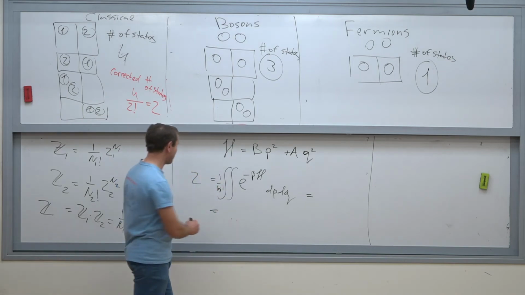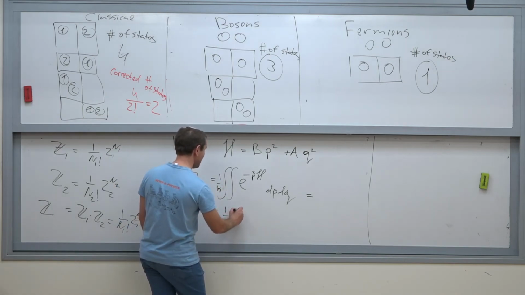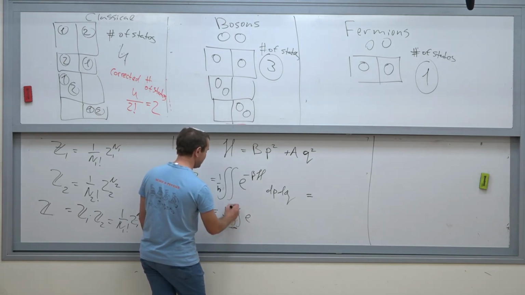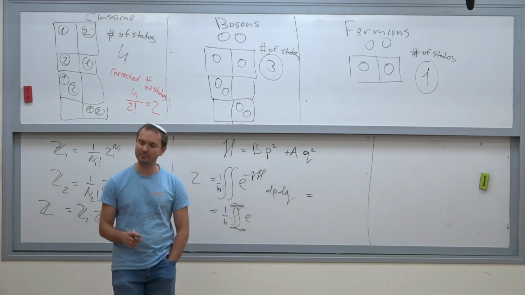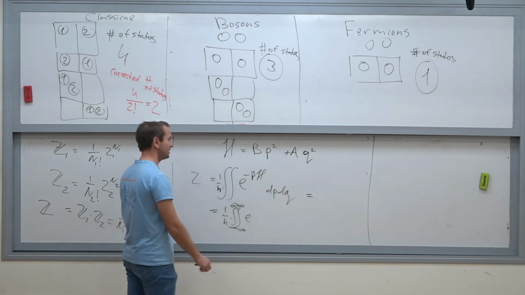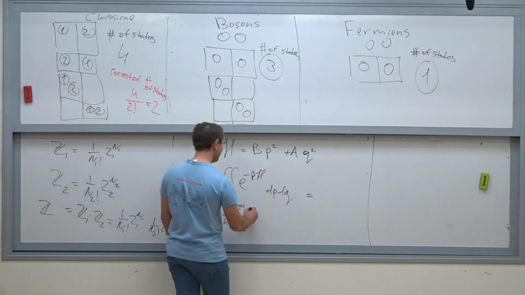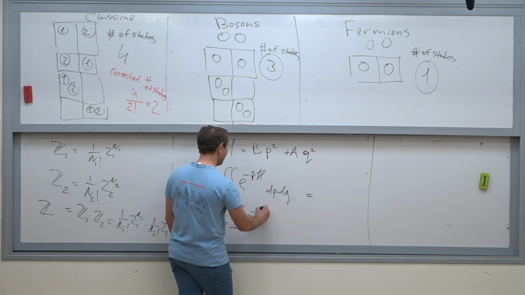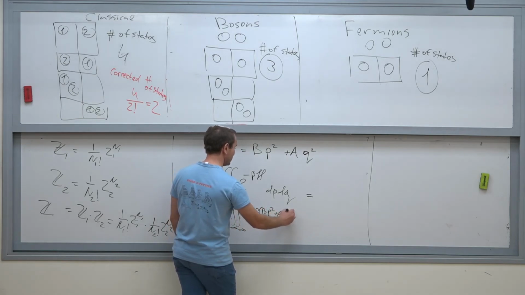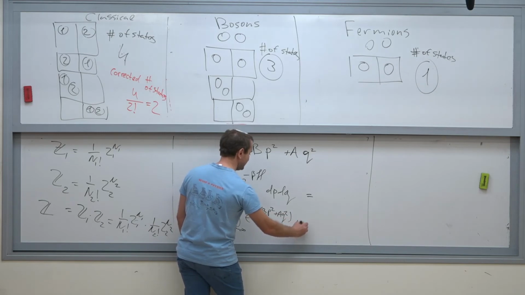So it's 1 over h, an integral from minus infinity to infinity, minus infinity to infinity. We assume that the potential is a bounding potential, so a is positive. So we have e to the minus beta (b p squared plus a q squared) dp dq.